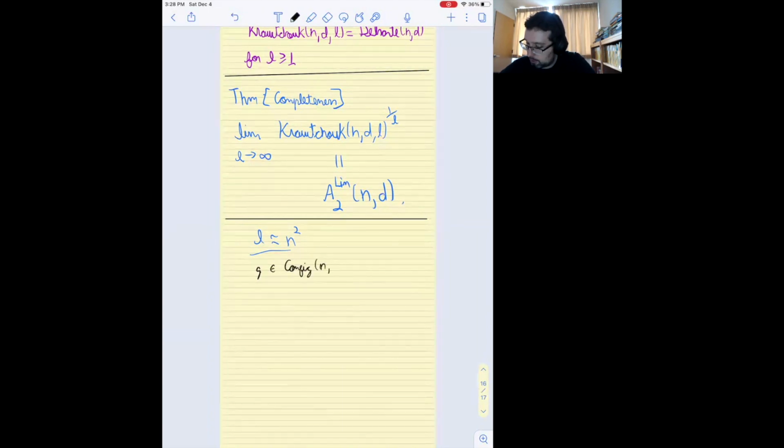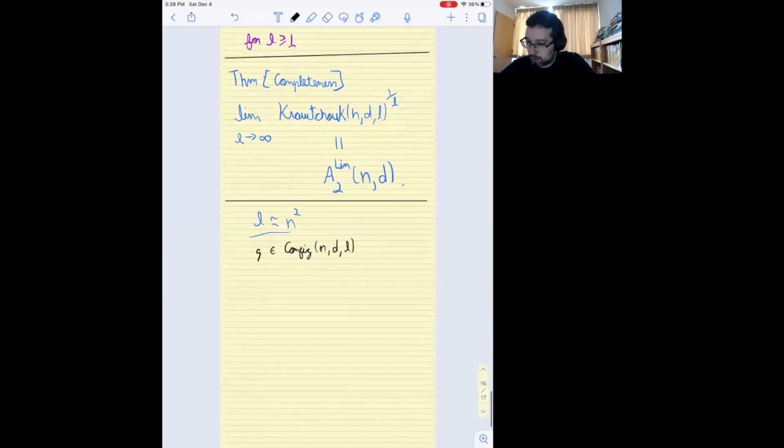So we have n, we have some distance d, and we have some level L. Very good. So we have this configuration, and we can create a graph, right? So we can say that A_G is going to play a similar role to the A_i's of the Hamming scheme that we have seen previously.